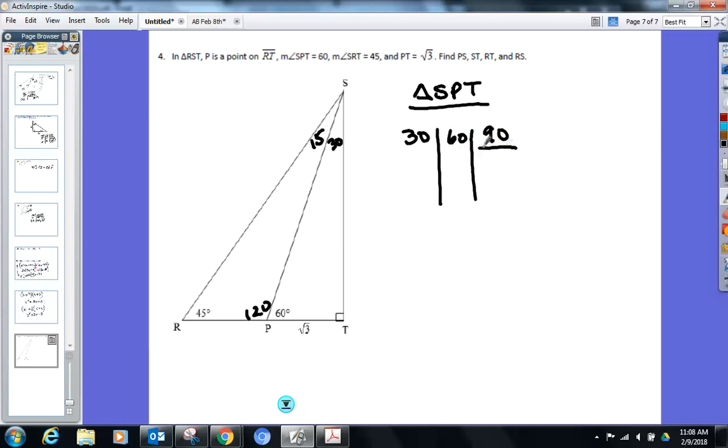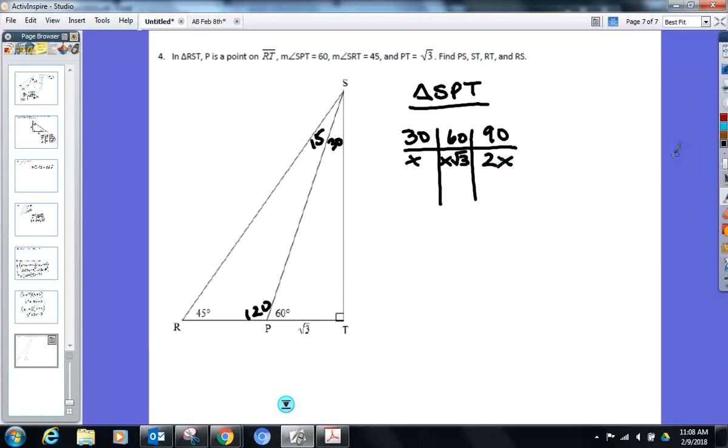A little refresh. Let's pretend I wasn't here yesterday. What are the rules? What's across from the 30? X across from the 60. Be careful. 3. Yep, not 2. That belongs to the 45, 45, 90. And what's under 90? Okay. I provided you with radical 3. What angle is across from the radical 3? 30.